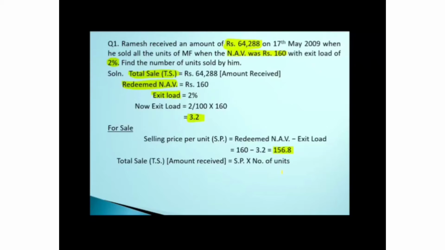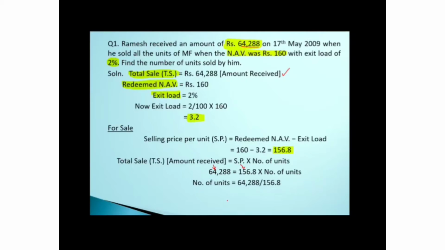In the next step, I'm just going to put down the values that are known to me. Total sale is 64,288. It is already given. You can check it over here. Amount received. Alright. SP you just got as 156.8 into number of units.